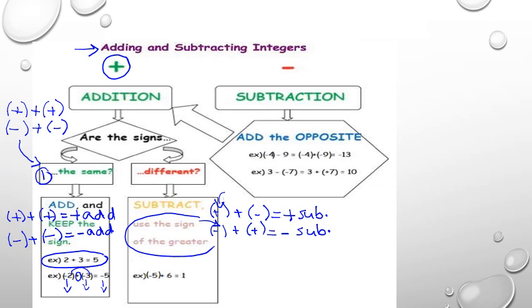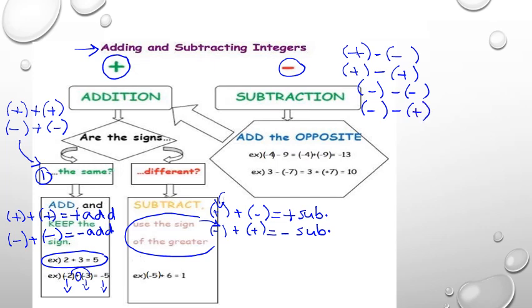Now, subtraction of decimal numbers, we have two signed numbers and in between we have minus. Either we have a positive number subtract a negative number, a positive number subtract a positive number, a negative number subtract a negative number, or a negative number subtract a positive number.